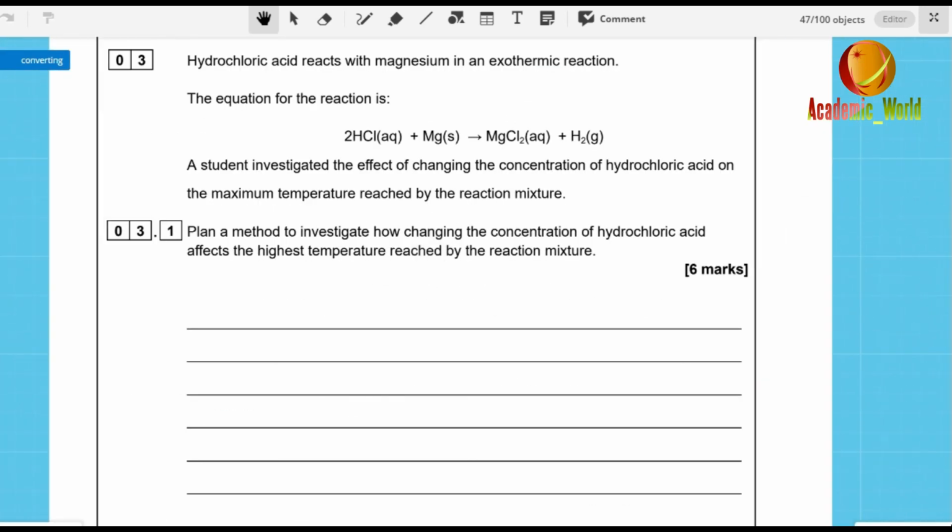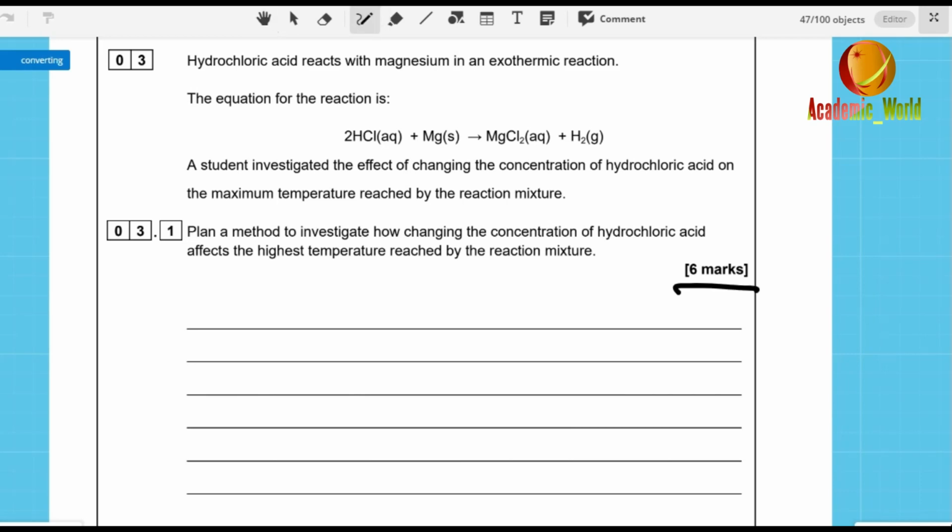Now the next one: HCl reacts with magnesium in an exothermic reaction. The equation is given. Plan a method to investigate how changing the concentration of HCl affects the highest temperature reached by the reaction mixture. So again you can see the equation is given and you have to plan the method. For this, it is a 6 marks question.